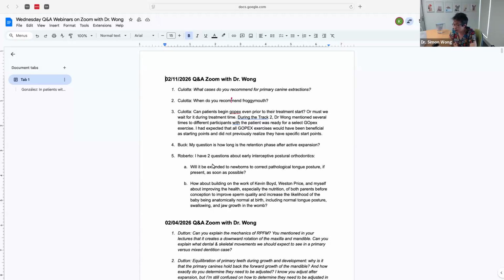Fixed braces, aligners, whatever. It's a finishing therapy. Designed to change the swallow pattern and to develop much stronger optimum resting posture.